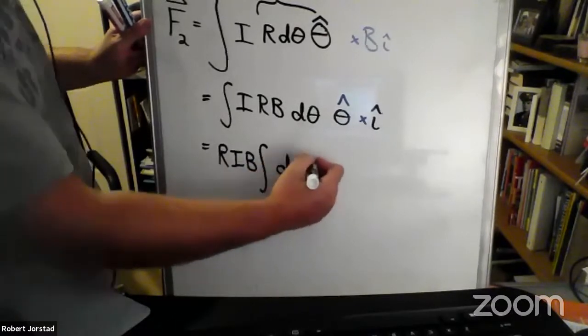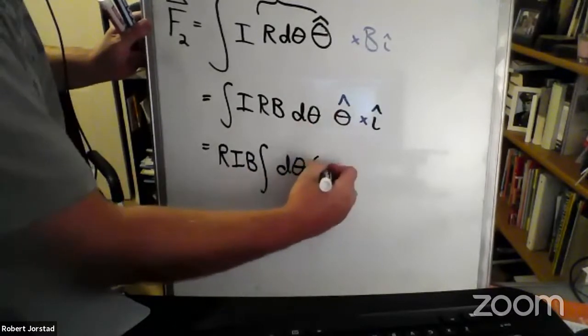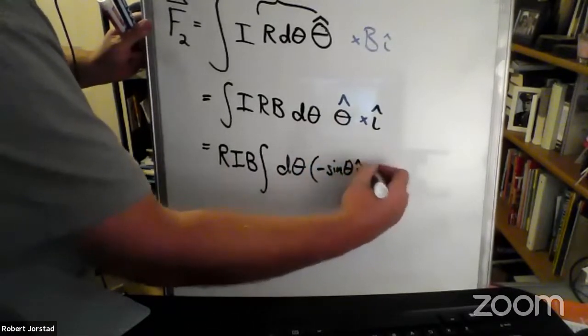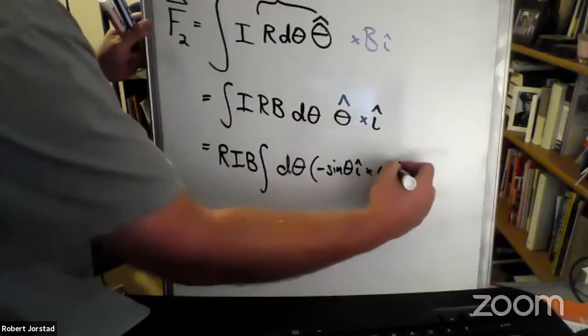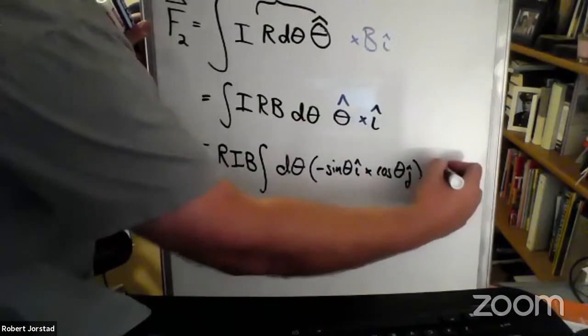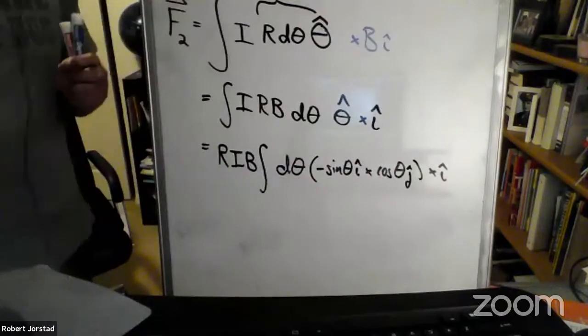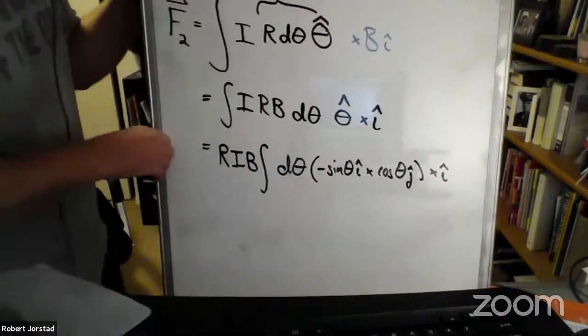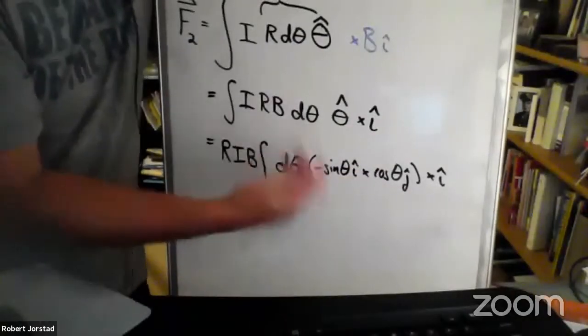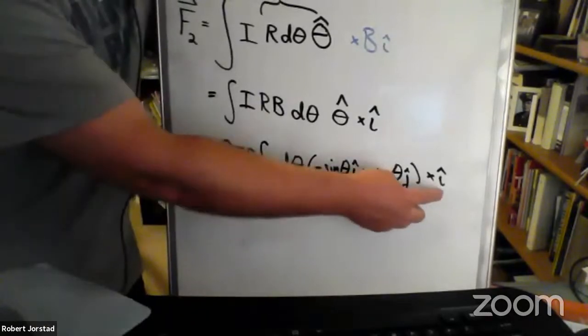D theta times theta hat, we said was negative sine theta I hat. Okay, which of those terms is going to drop out? The first. Yep, I hat cross I hat. So we see again, always do the cross product first. I hat cross I hat drops out.